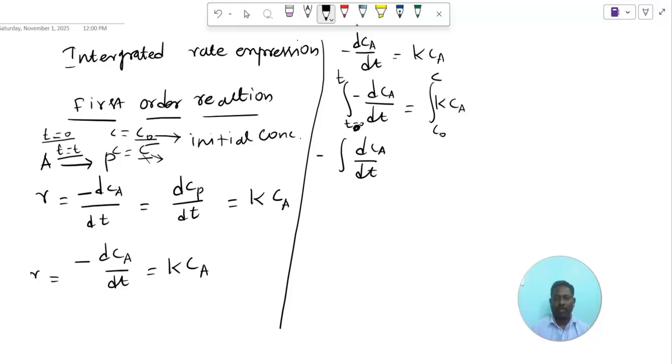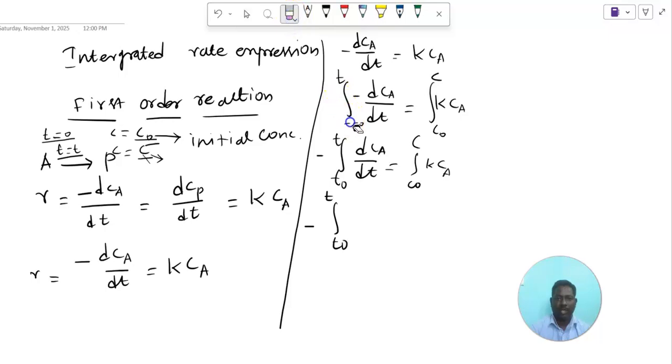Now to simplify this integration, we have to separate the variables. Maybe after separating, we can apply the limit.